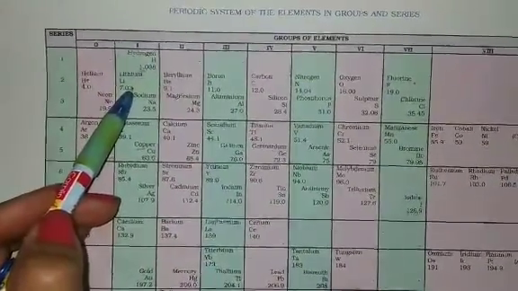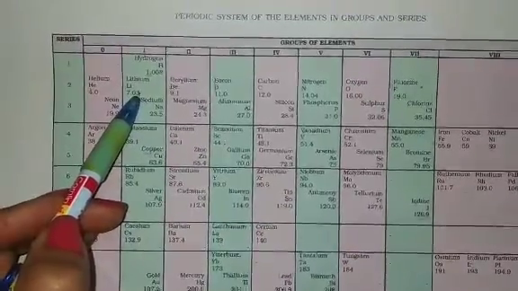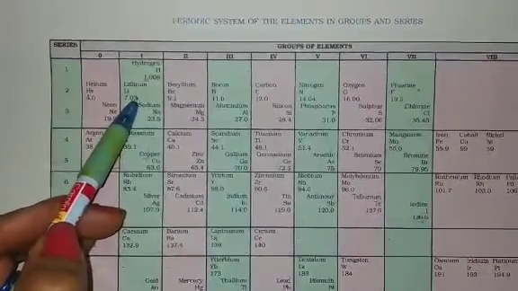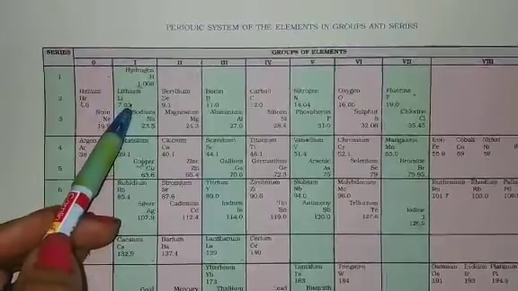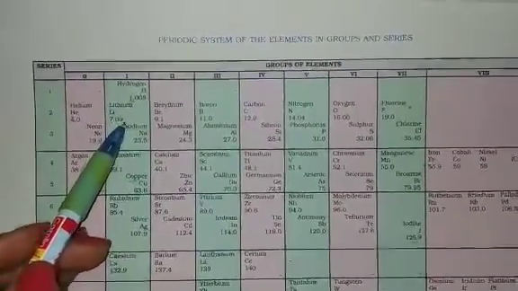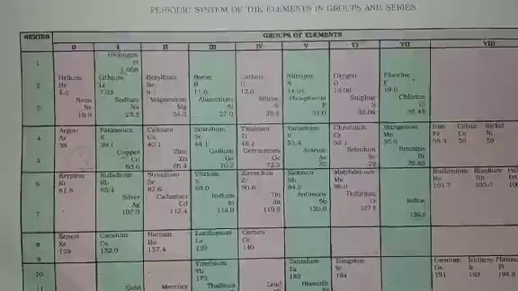Therefore the position of hydrogen was not made clear. Also, the positions of isotopes, lanthanides and actinides were not discussed in detail by Mendeleev.